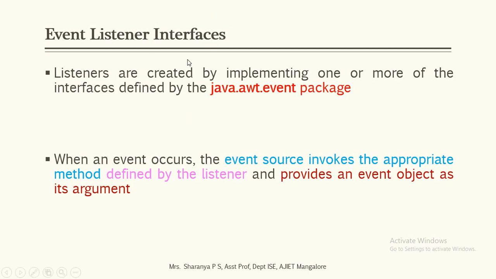And when an event occurs, the source invokes the appropriate method. These methods are defined in the listeners. Along with that, it provides an event object as its argument, so that there will be a link generated between the source and the event listeners.